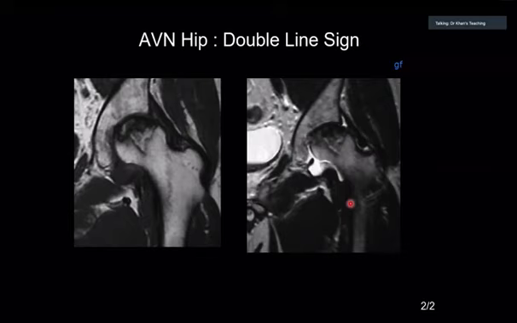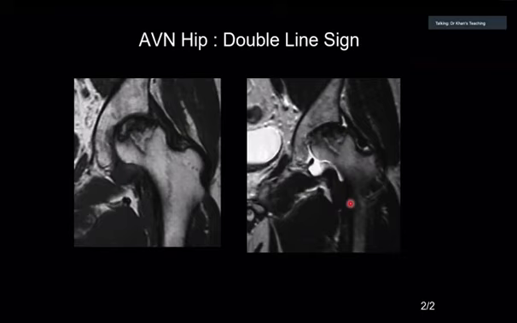And double line sign is asked in the exam quite a few times. It has been asked. And another question is that double line sign, which sequence is it seen? So it is seen on a T2 weighted sequence.